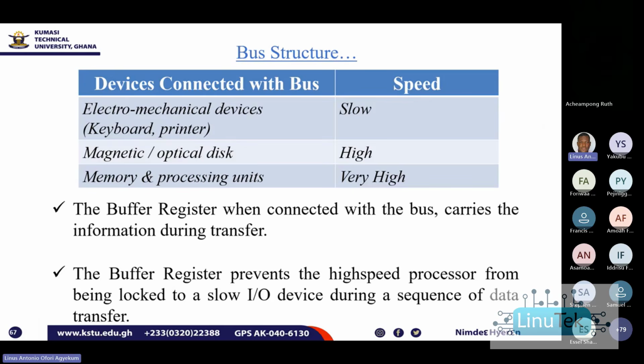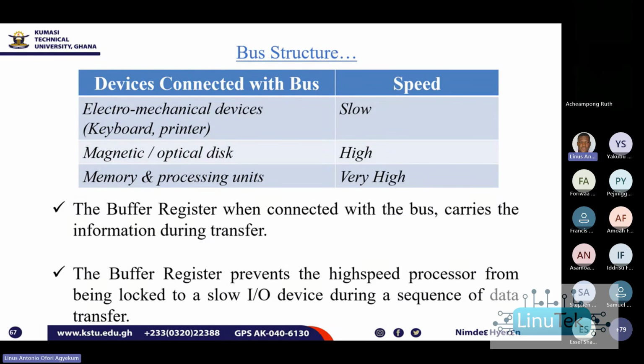Now, to further explain bus structure, let's look at some devices and the kind of buses they are likely to be connected to within a system. When you take an electromechanical device like the keyboard, this would normally be connected to a slow bus because the keyboard does not need a fast bus.